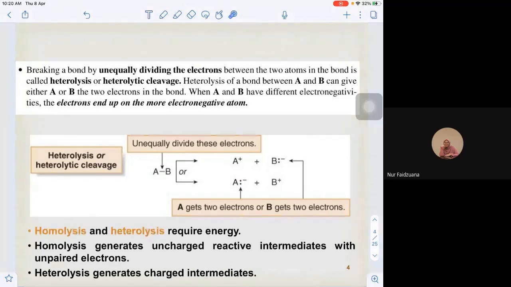Both of these processes, homolysis and heterolysis, require energy. To break any bond always requires energy, whether homolytic or heterolytic cleavage.